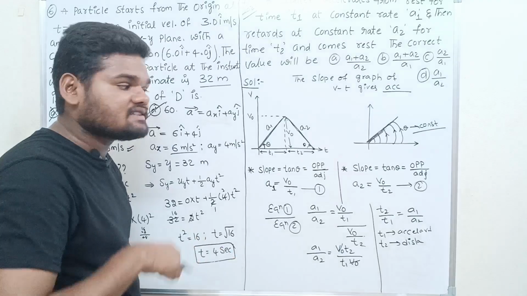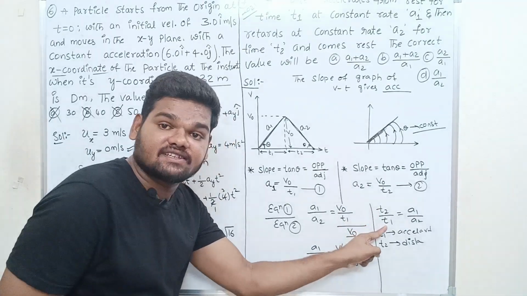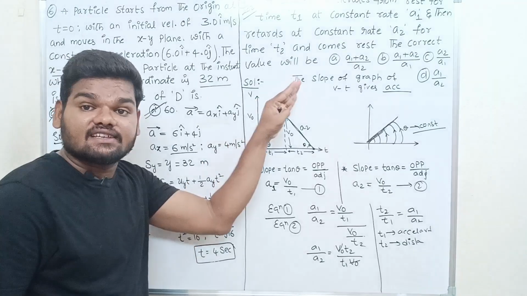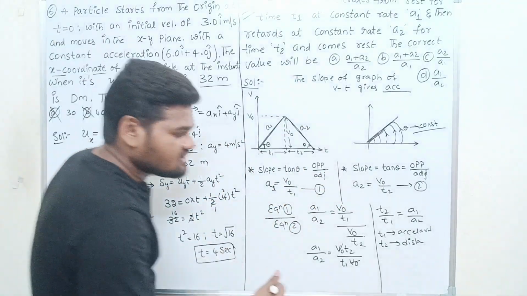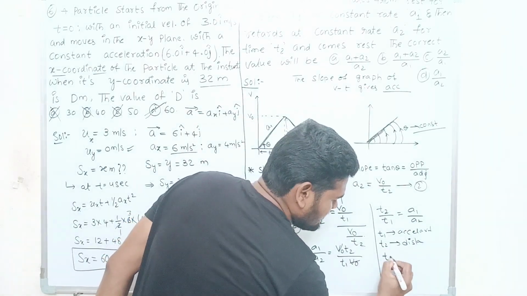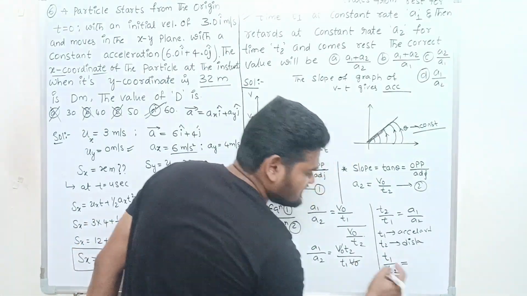Or retards. Here we have the ratio of deceleration to acceleration, but initially the object accelerates and after that it decelerates or retards. So I am writing this equation as t1 by t2, the ratio of acceleration time to deceleration time.